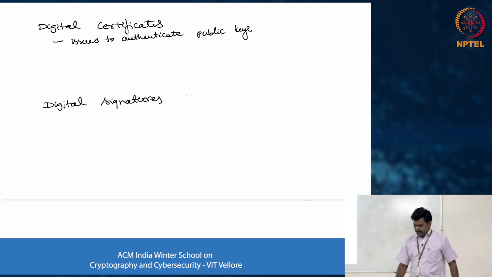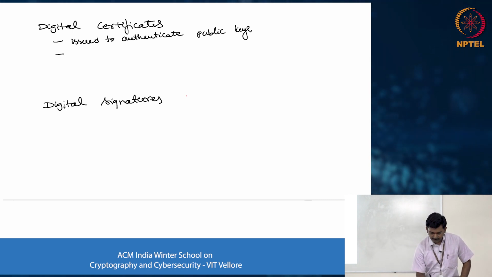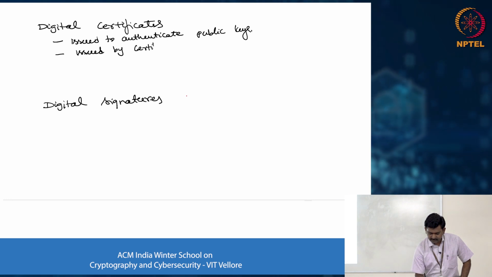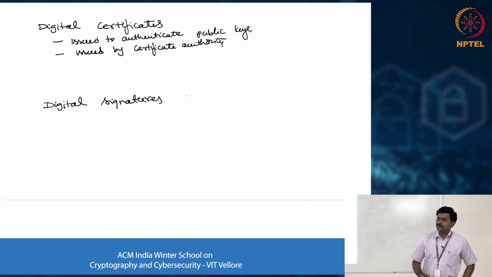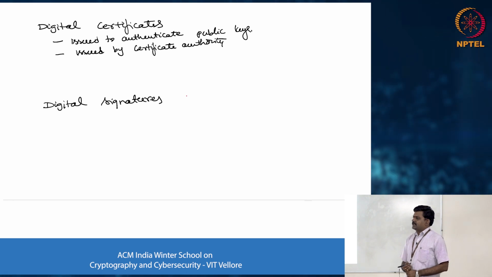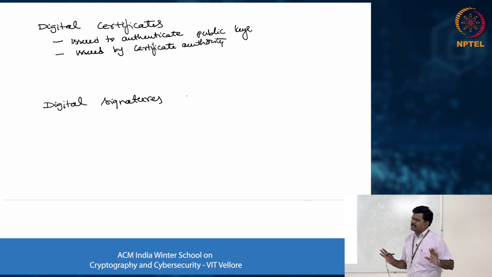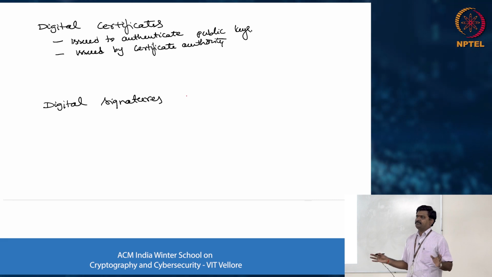There should be a certificate authority who says that, issued by a certificate authority. There are several commercial certificate authority providers to provide security certificates, right? When I say certificate, essentially it is about the public key.